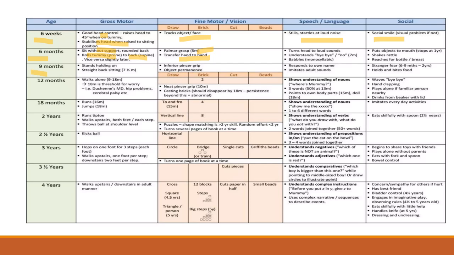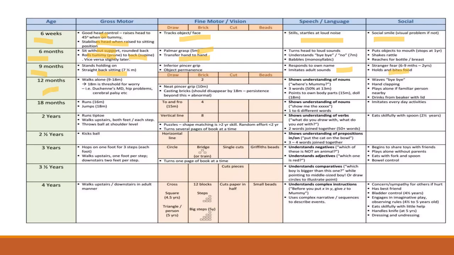In case of 9 months, stands holding on. Straight back sitting will be started. In fine motor, inferior pincer grip will be there. In speech, response to own name. While calling the name, they will respond. Imitates adult sounds will be there. In social, stranger fear will be there. Then holds and bites food.